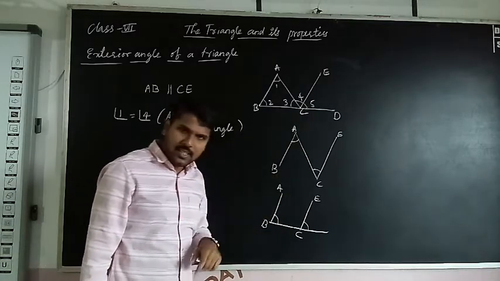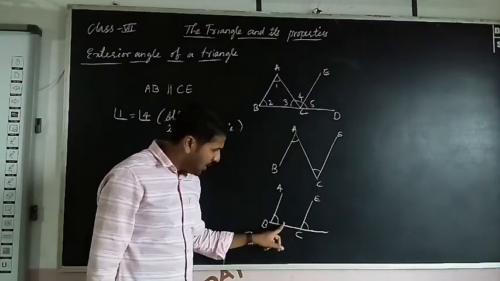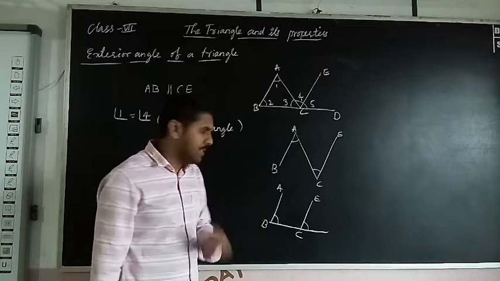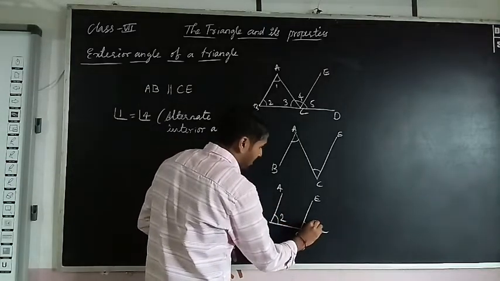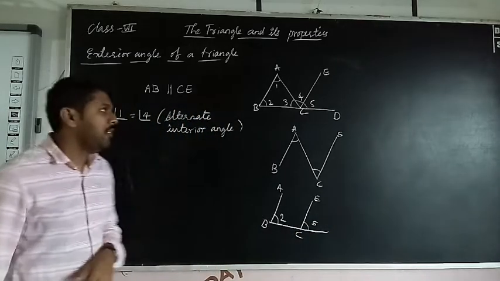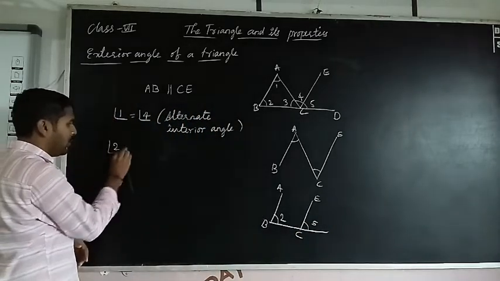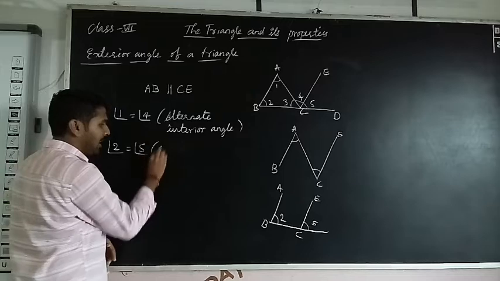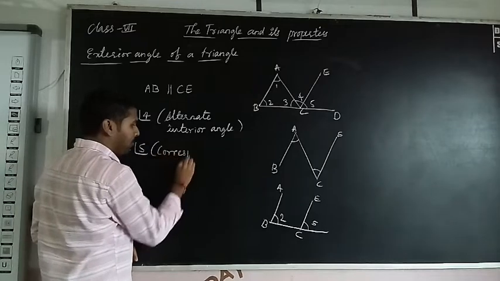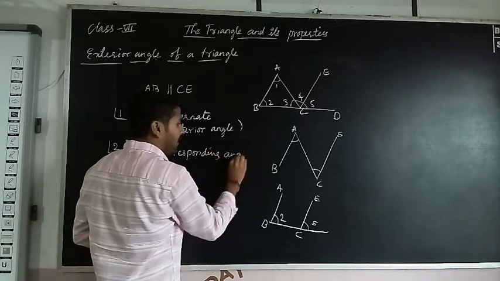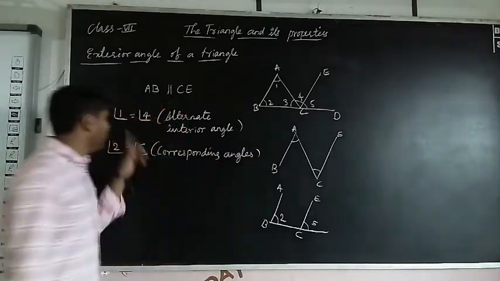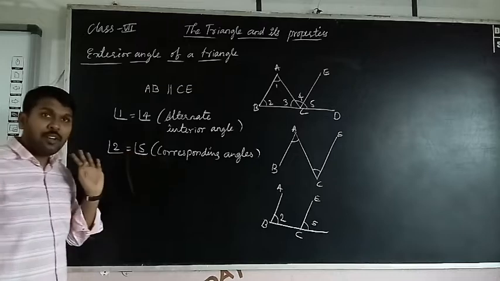What are these two angles? Can we say these two angles are corresponding angles? Yes, these two are corresponding angles. So 2 equals 5, because corresponding angles. That means 1 equals 4, 2 equals 5.